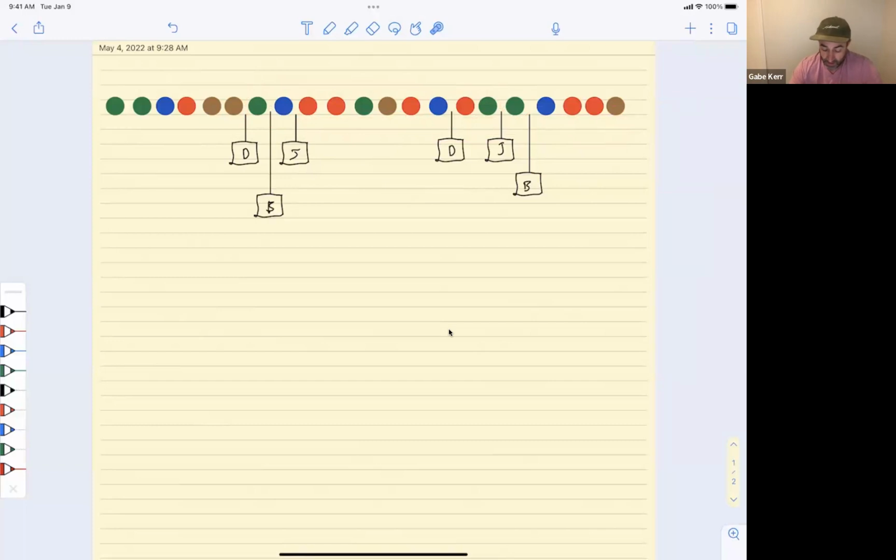So what does the method of markers do? What you do is you start at the left-hand side. Let's see if I can draw a rectangle real quick. It's not liking me. There we go.